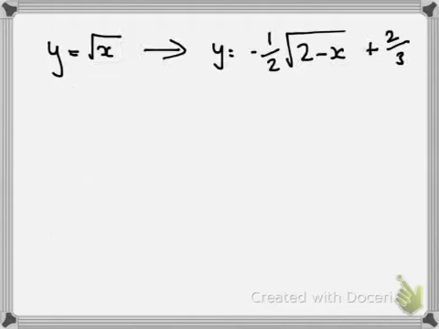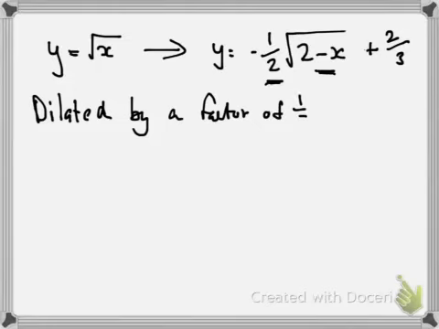What about this one? This time we've got a minus x inside the square root sign. So the half in front here, underline it there, that means it's dilated by a factor of a half from the x-axis.